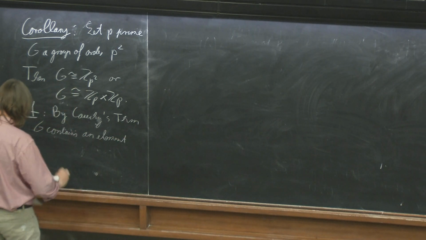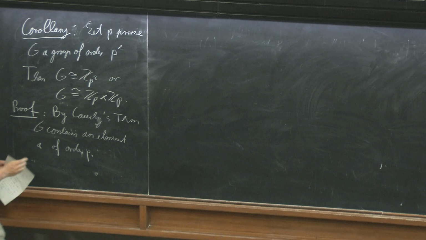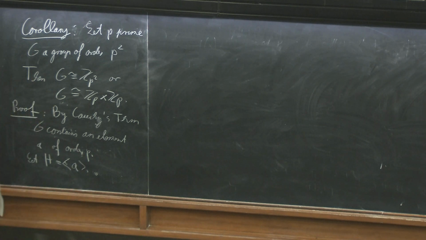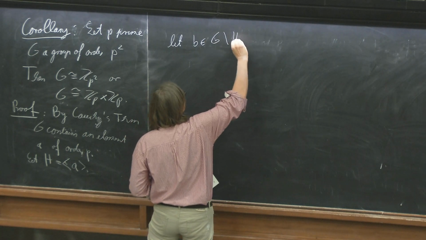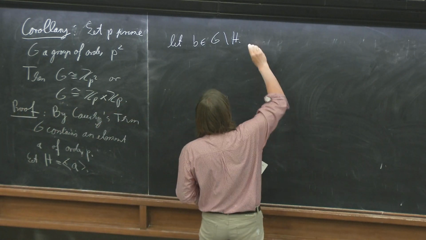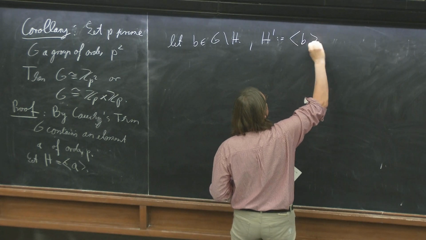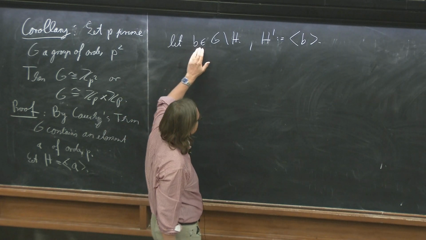Well, call it A, of order p. So we look at the corresponding subgroup H, the cyclic subgroup generated by A. Now we take some element B in G which does not lie in H, and we put H prime to be the subgroup generated by B. Now, as B does not lie in H, B is not the neutral element, so this cannot be the trivial subgroup.